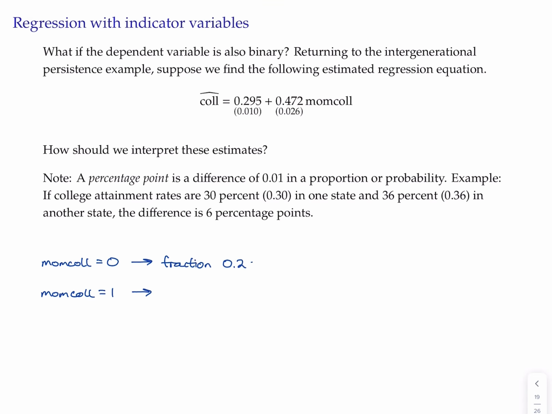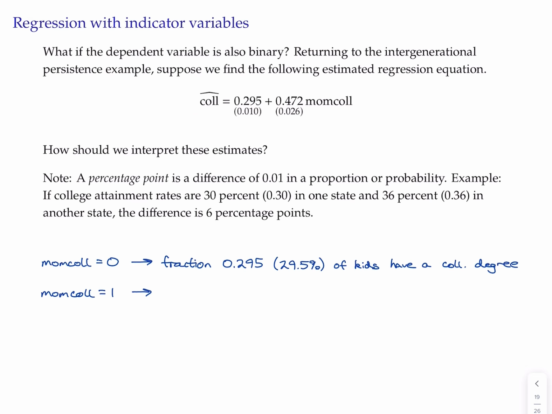And that's telling us that 29.5% of the daughters have a college degree when the mom does not have a college degree. So plug in the 0 here. In this case of a saturated model, this is actually the share of the daughters in the sample whose moms don't have a college degree, the share of those daughters that do have a college degree.